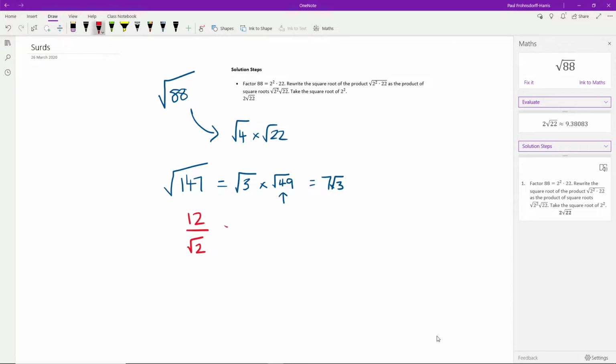So we're going to multiply both the top and bottom by root 2. We're allowed to do that because all of the numbers in there cancel with each other to make 1. You may always multiply by anything if it makes 1, because you're multiplying by 1 and nothing changes.